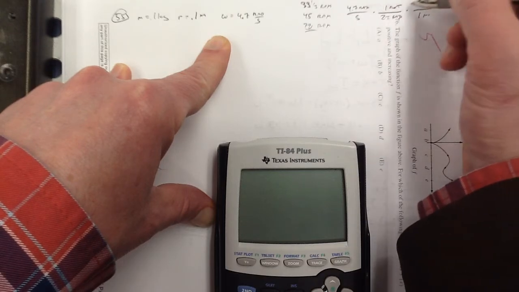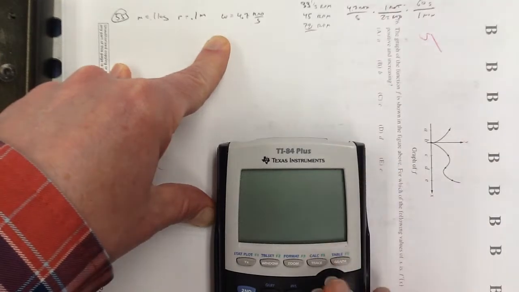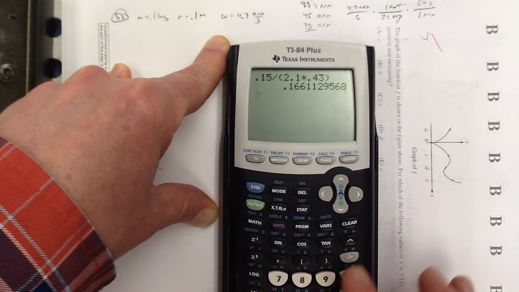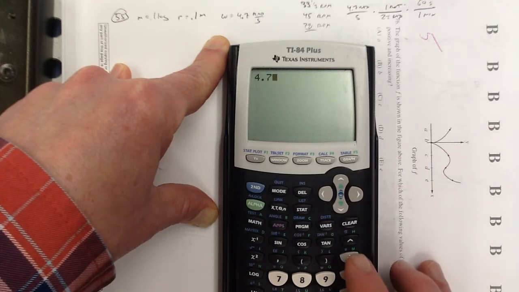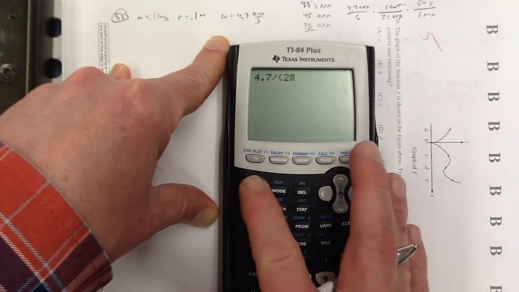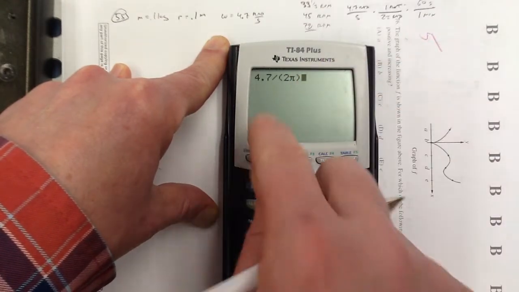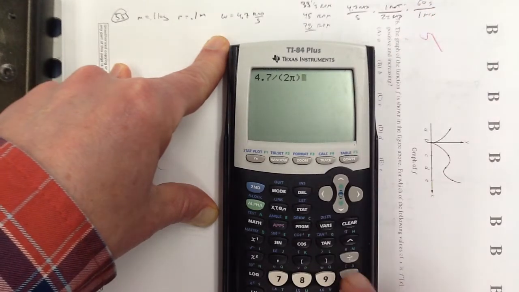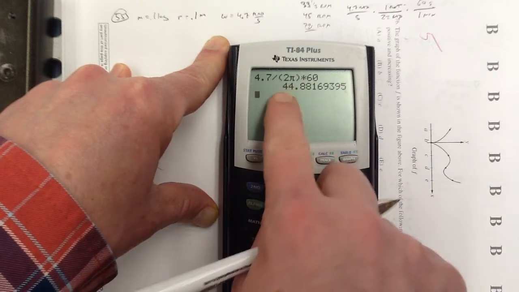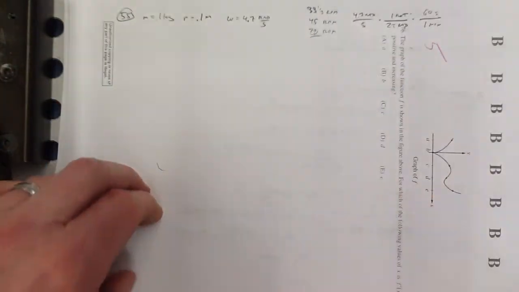So that would give you rotations per minute, or RPMs. So I need to take 4.7. This is not part of this problem, sorry, I'm just doing this for my own entertainment. Divided by 2 pi, don't forget those parentheses, or you could make it look like a fraction with your fancy calculator, and then times 60. So this is a 45 RPM record. That's like a single 7-inch record.